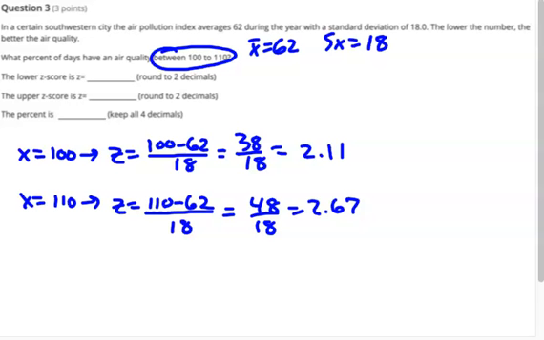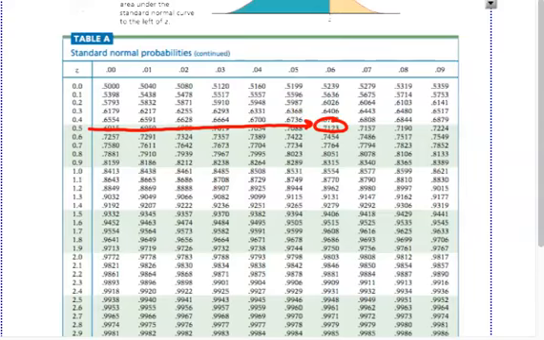So the lower Z-score is Z equals 2.11. The upper Z-score is 2.67. What we need to do is look both of those up, and we need to subtract big minus little. So we have to go back to the positive side of the chart. We need 2.11. Here's 2.11, 0.9826.